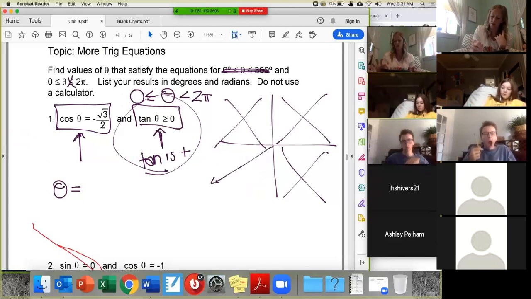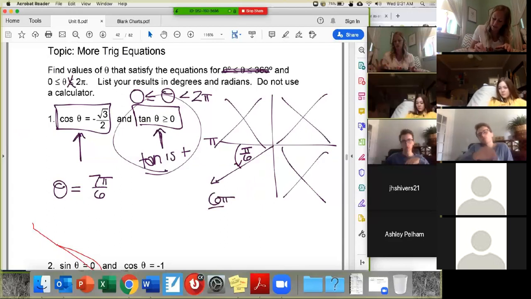So I'm going to use this pi over 6 as a reference angle in quadrant 3 to figure out my answer for this particular question. 7 pi over 6. And for those that are not understanding, remember that 180 is the same as pi. If I'm doing fractions, pi is like 6 pi over 6, and I'm adding 1 pi over 6, which is what gives me the 7 pi over 6.